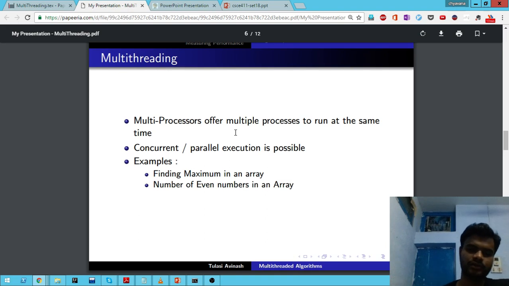The next problem is to find the number of even numbers in an array. Of course, if the array is n long and we have n processors, the entire operation can be executed in big O of one time, like in a jiffy.